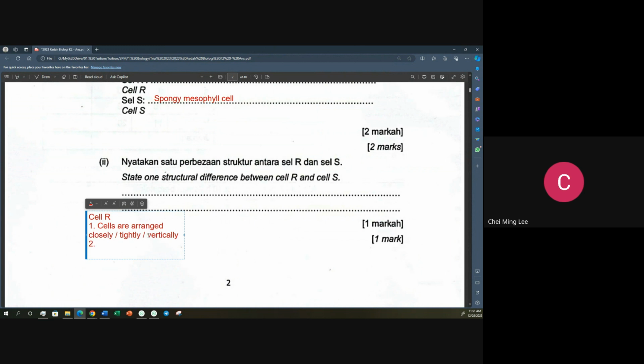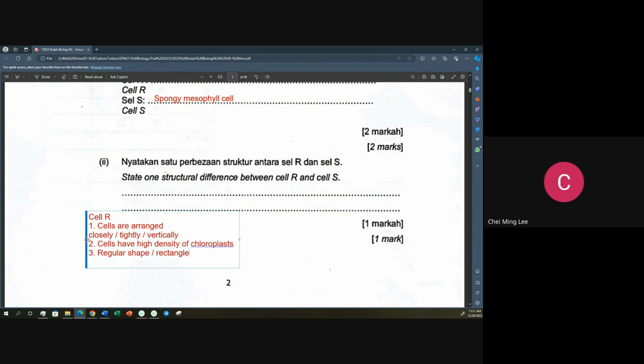For number two, the cells have high density of chloroplast. For the third one, normally a regular shape, or we say rectangular shape.